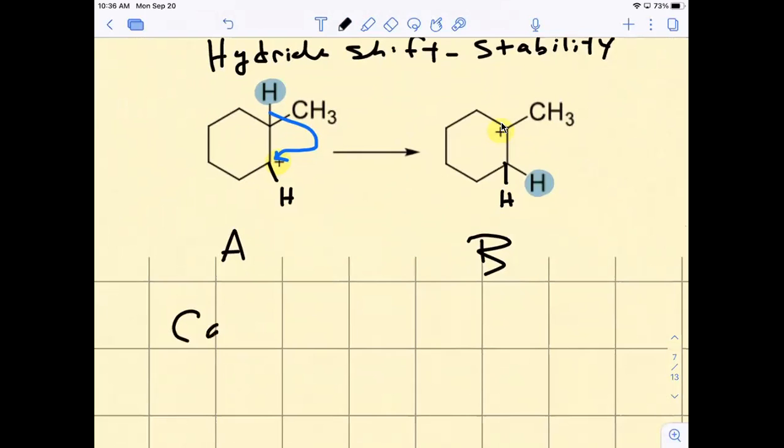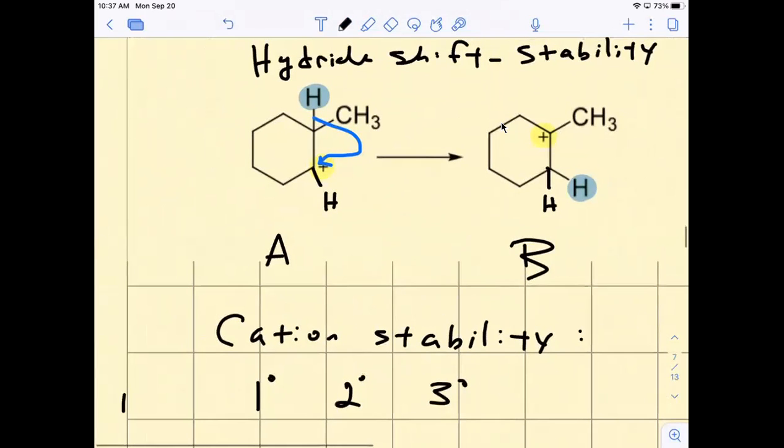For cations, the stability trend for a carbon with a positive charge is: tertiary, and I'll explain what tertiary, secondary, and all that means, but this is what we call tertiary.